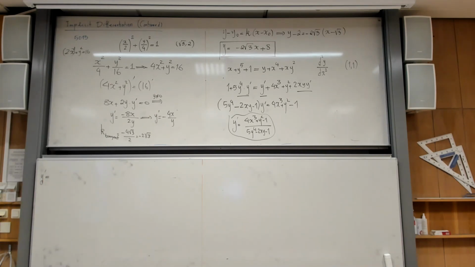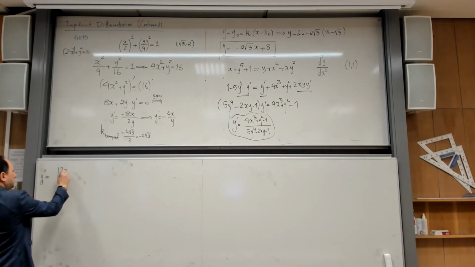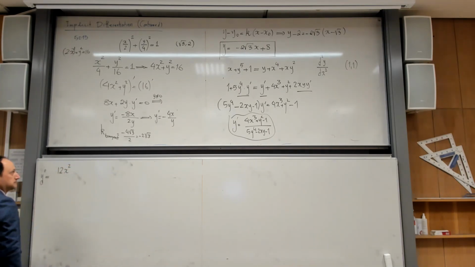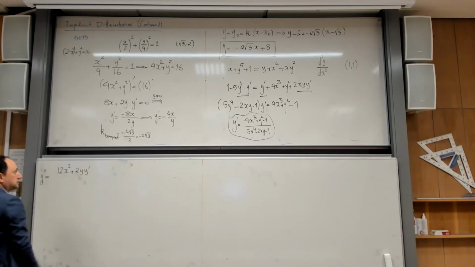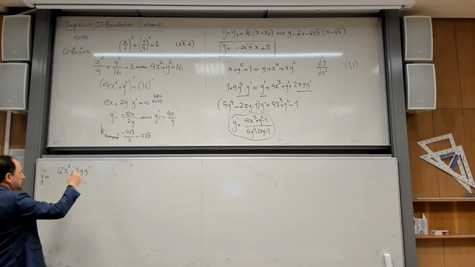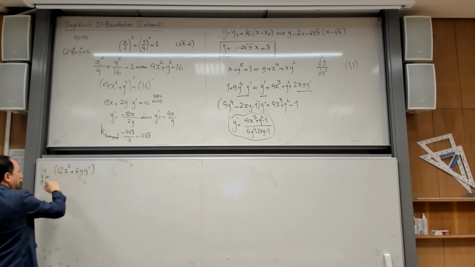Okay, y double prime is the quotient rule. So it becomes the derivative of the numerator. So 12x squared, yes? And then plus 2y y prime, which is minus 0 times the denominator.